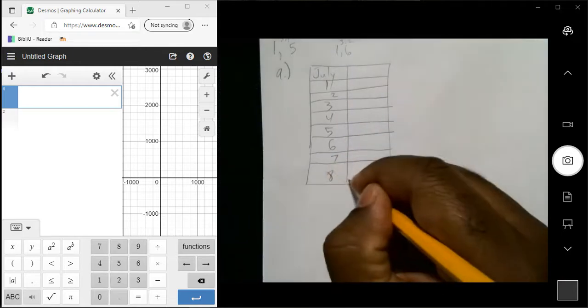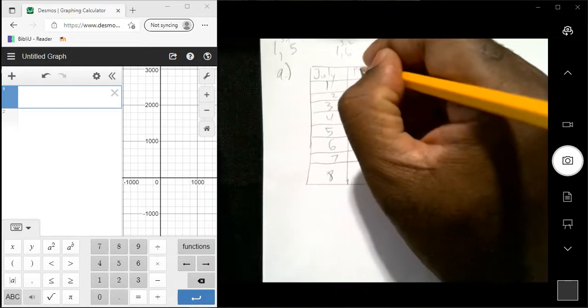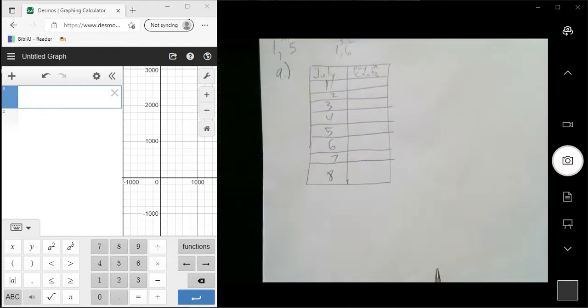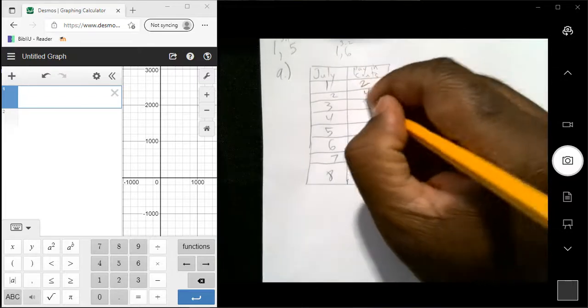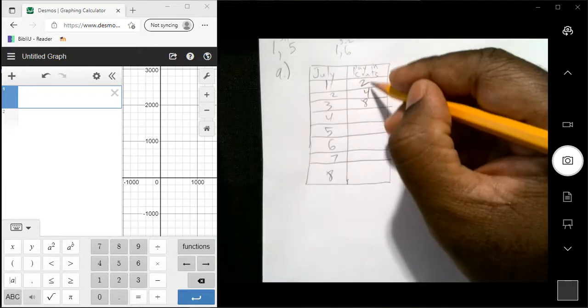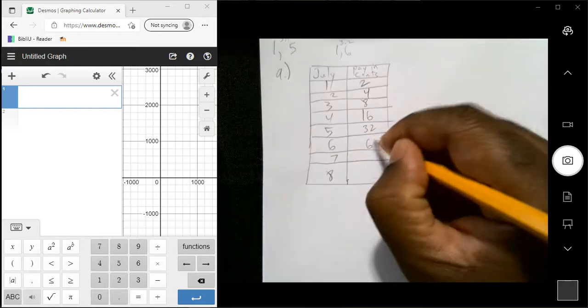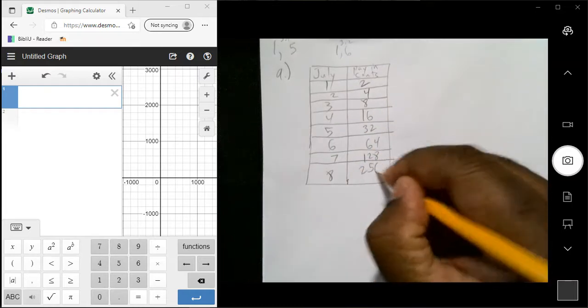All right. So then we have pay in cents. The first day is supposed to make 2 cents. Second day 4 cents. Third day will be 8 cents because we're doubling each time. So this would be 16, 32, 64, 128, and then 256.